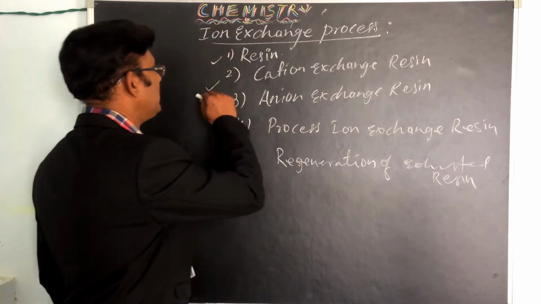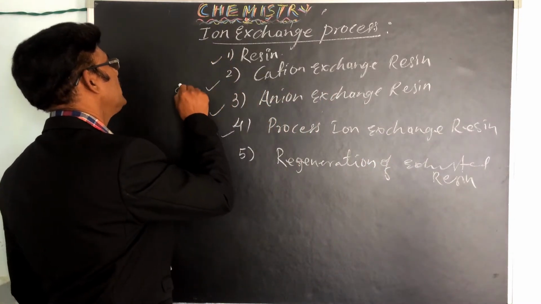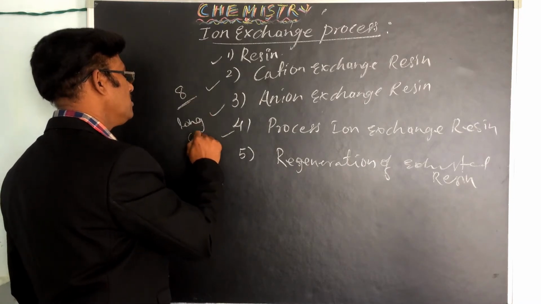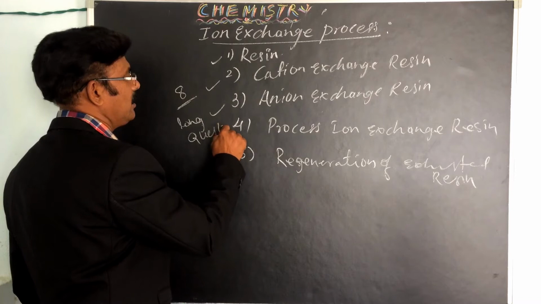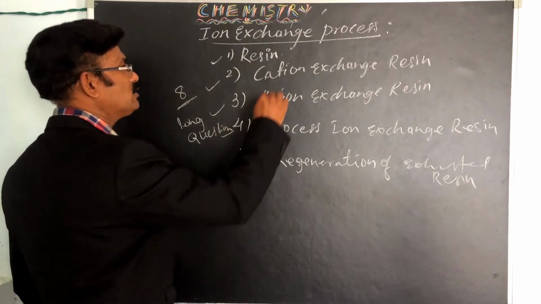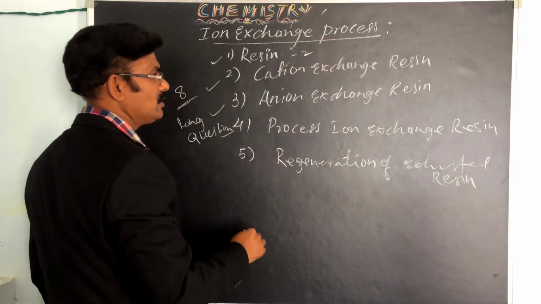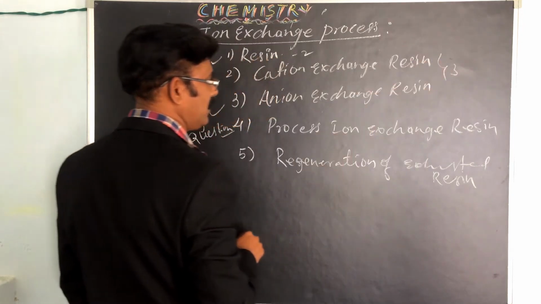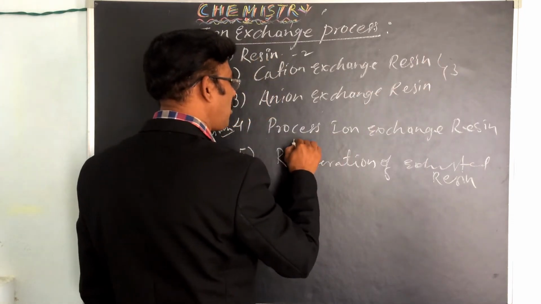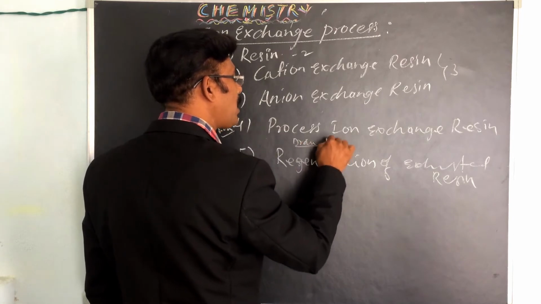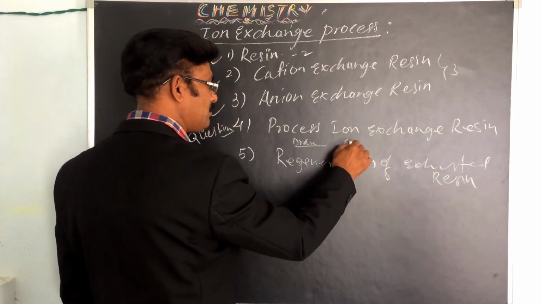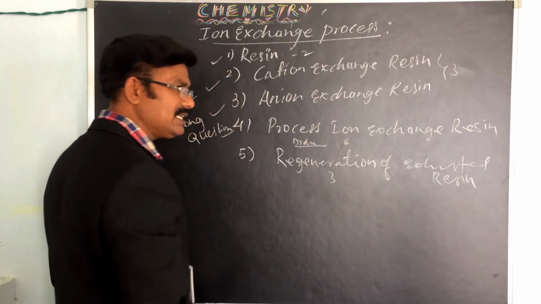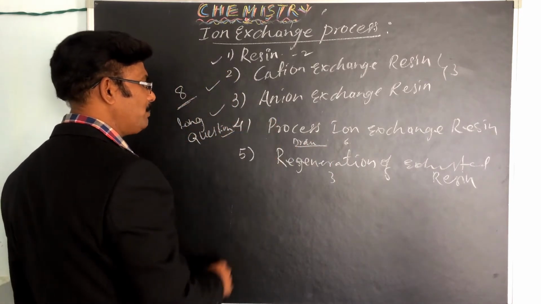We have to write it completely. It will come for an 8 marks question, a long question. Sometimes a 2 marks question will come. Sometimes explain resin plus cation for 3 marks. Sometimes draw a neat diagram with the ion exchange process for 6 marks, or 3 marks only for regeneration.